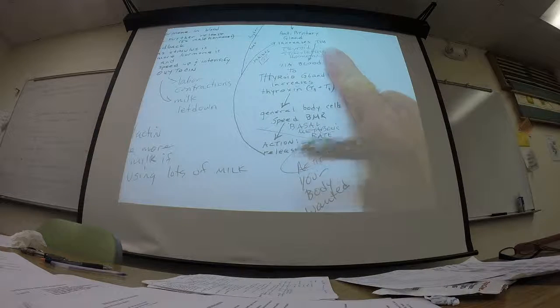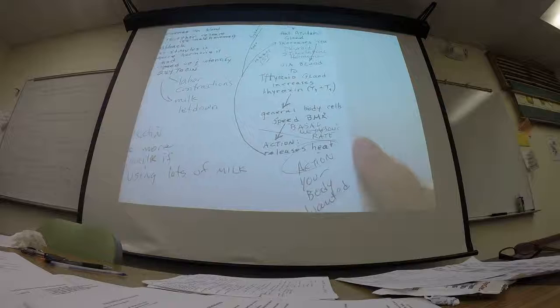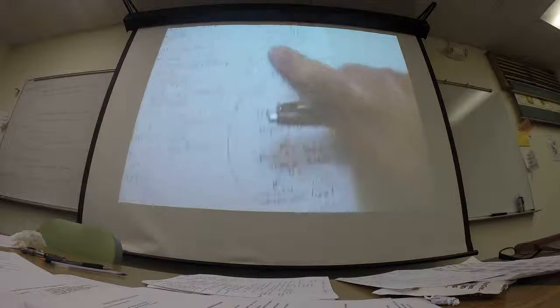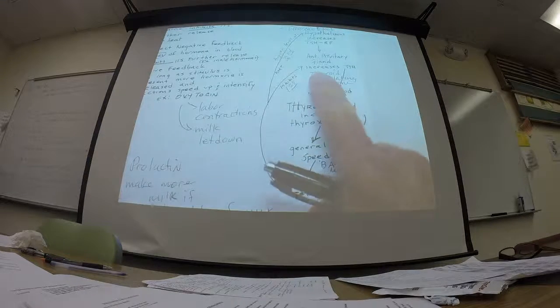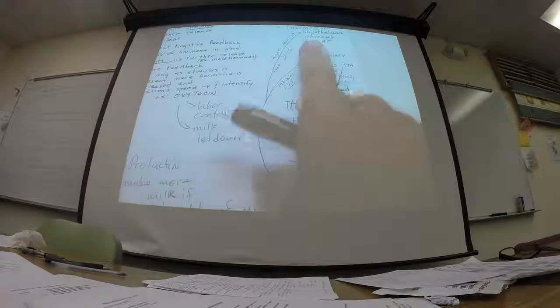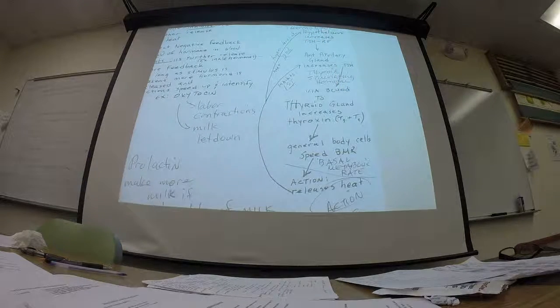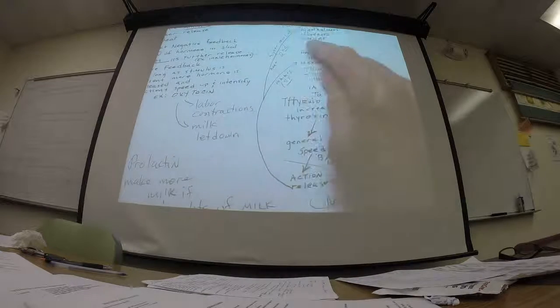So maybe you increase the heat, because now you're not only burning food, but you're exercising, and that also releases heat. So a higher level of heat will eventually inhibit here. So that is the second inhibition point. If you don't stop it by inhibiting your pituitary gland, if you get hotter, it'll inhibit your hypothalamus. That is an example where the action is what inhibited further hormones from being made.